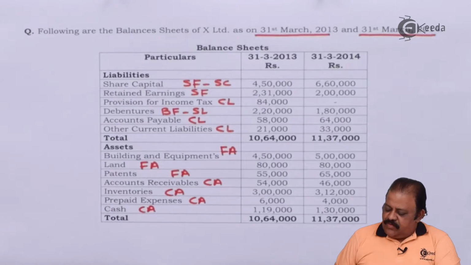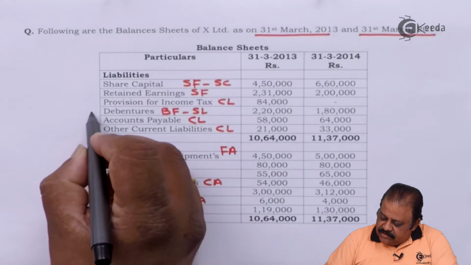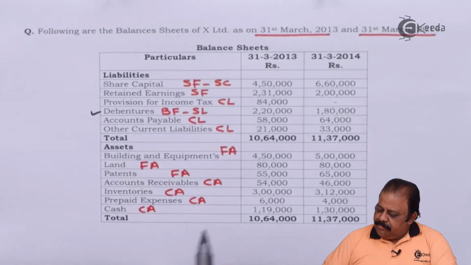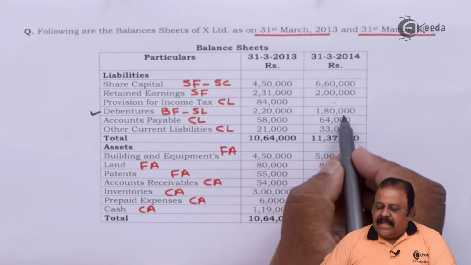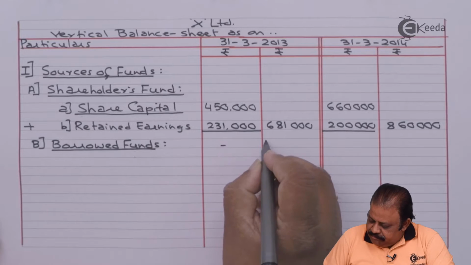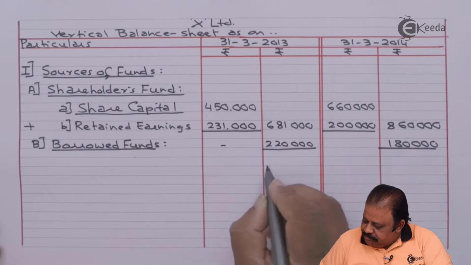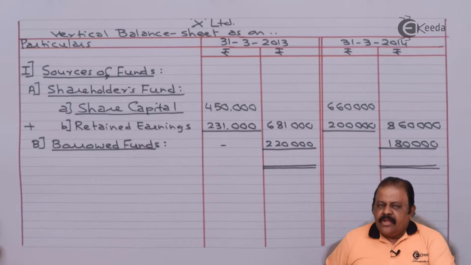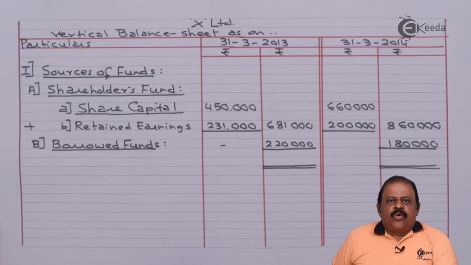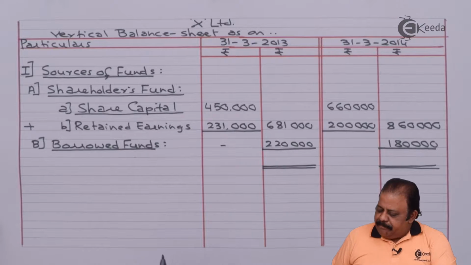Next we have borrowed fund. In borrowed funds, we have debentures, a single item, 2,20,000 and 1,80,000. We add shareholders fund and borrowed fund to arrive at total capital employed.